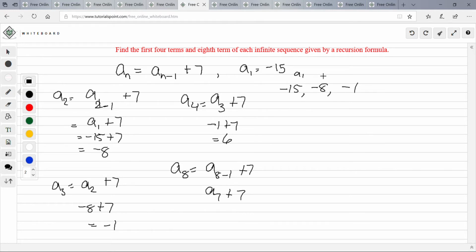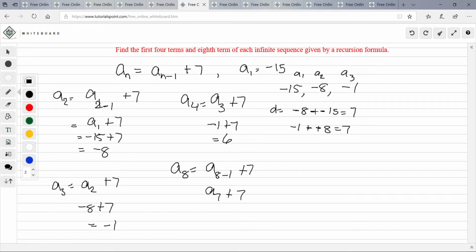So this is a1, a2, a3. Let's find the common difference. a2 minus a1: negative 8 minus negative 15 is 7. Now let's see if a3 minus a2, negative 1 minus negative 8, equals positive 7.